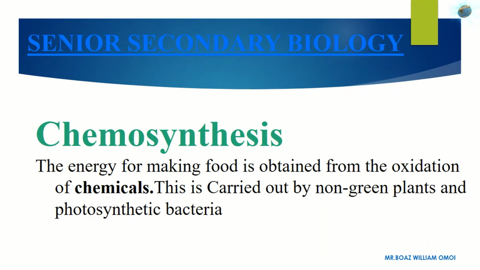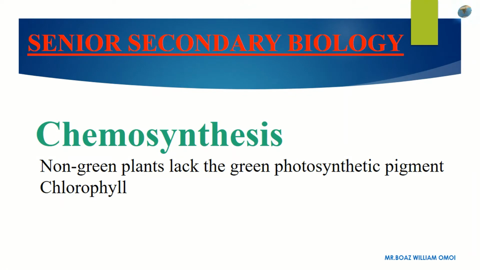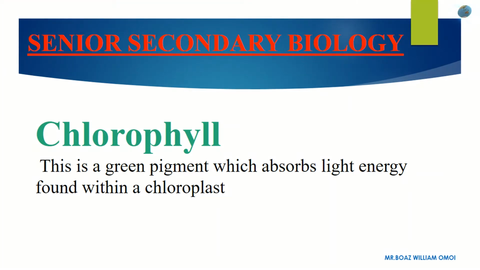Now, chemosynthesis is carried out by non-green plants and some bacteria. So most of the non-green plants do not have something that is called chlorophyll, which can trap light energy. Because they do not have chlorophyll, they carry out chemosynthesis so that they can get energy from oxidation of chemicals.